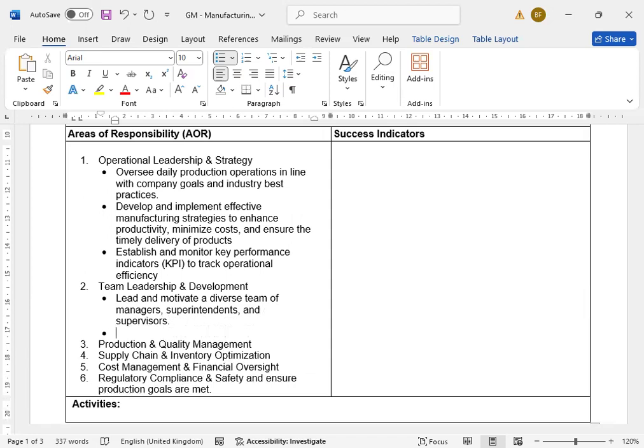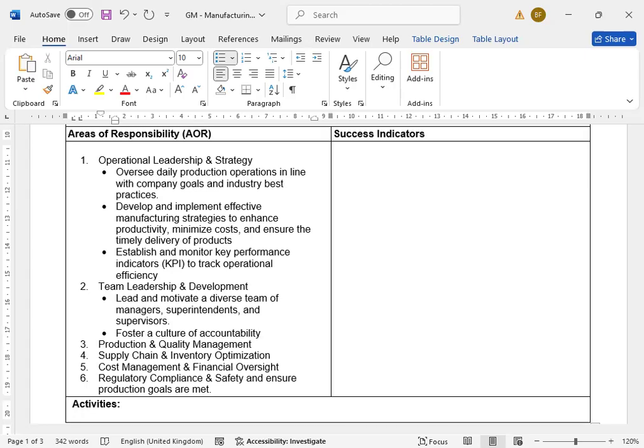Next would be foster a culture of accountability. Very important.